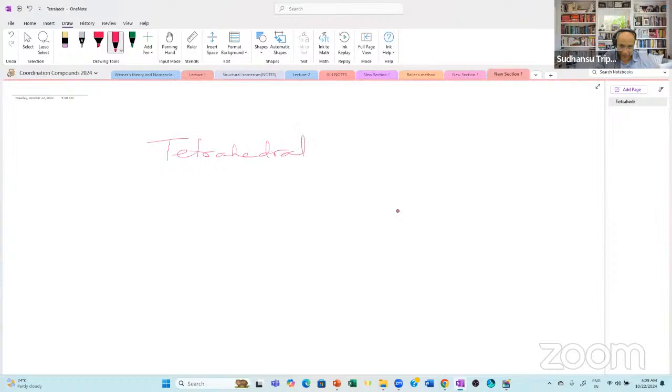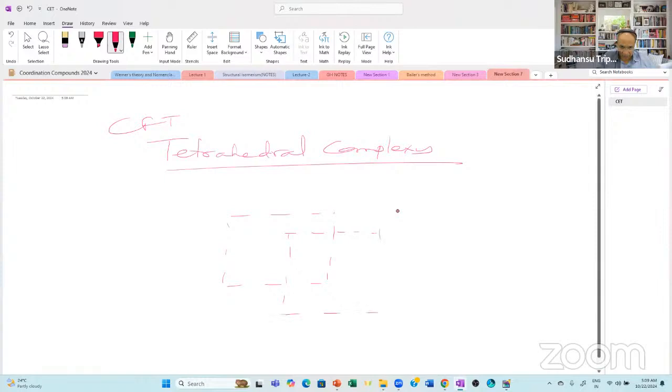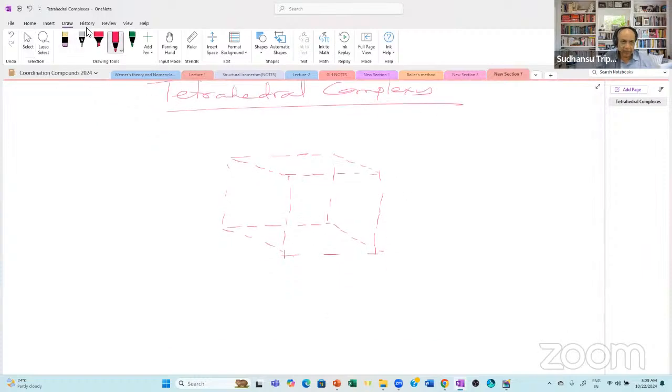tetrahedral complexes, CFT. Now, if we draw the outline of a square, the three coordinate axes are lying at the center.